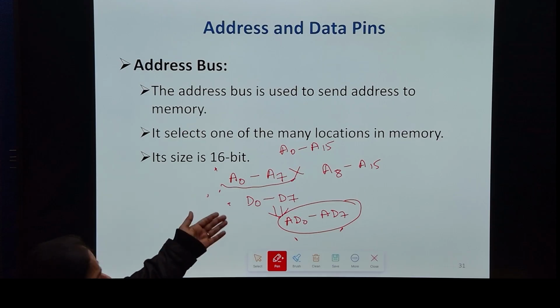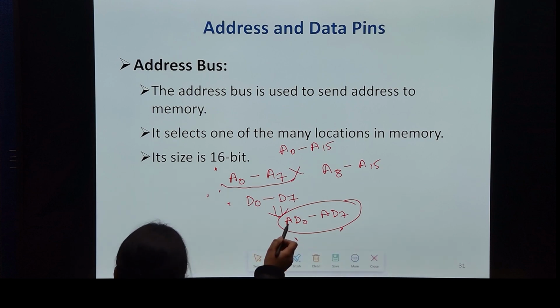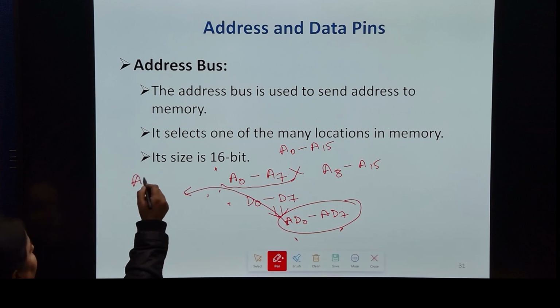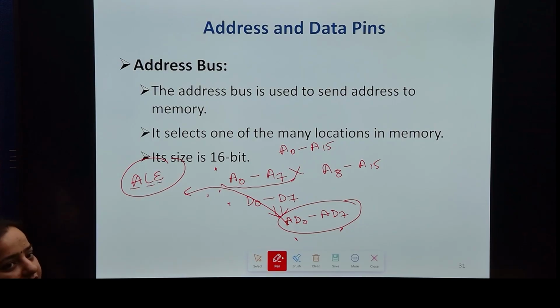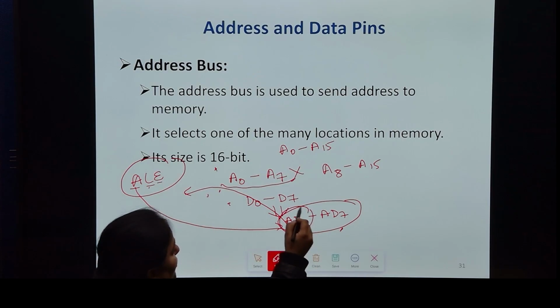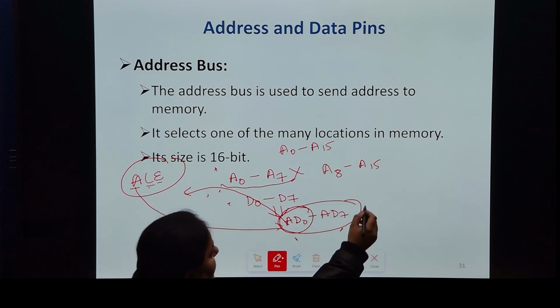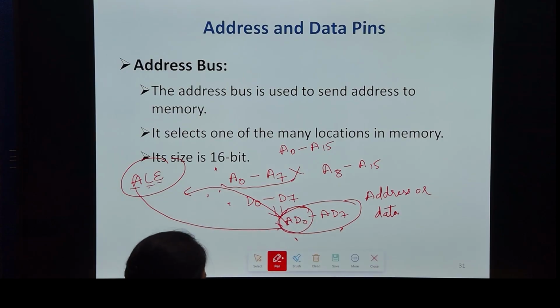How do we decide whether these lines have data or address? That is decided with the help of the ALE signal, the address latch enable signal. This signal decides whether AD0 to AD7 have address or data.